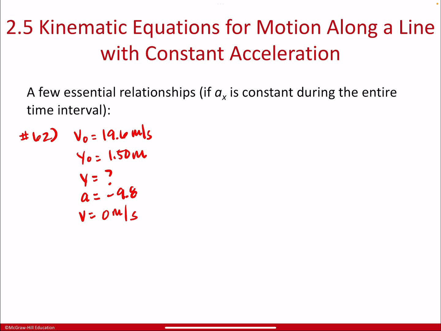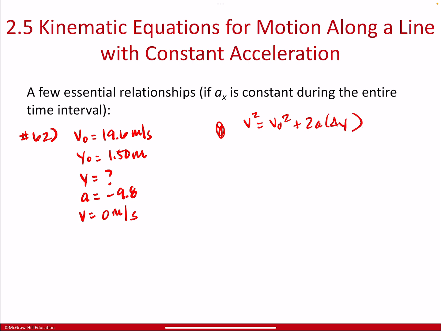Okay, so we're gonna solve for y first. We have to know y before we can do this next part. If you look through your equations, we have v squared equals v naught squared plus 2a delta y, right?